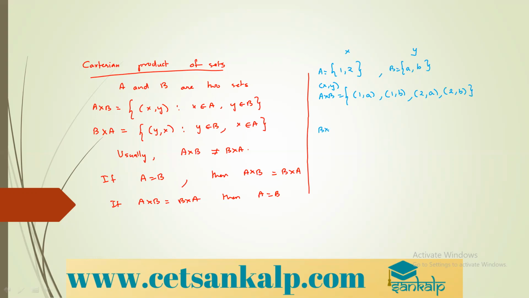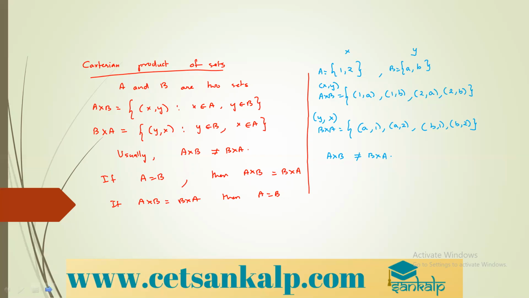Similarly, if I want to make B cross A, I have to take all y's from B, all x's from A, and make y comma x. That is, I'll make a comma 1, a comma 2, b comma 1, b comma 2. So clearly you can see A cross B is not same as B cross A.